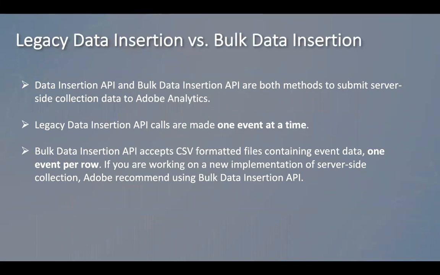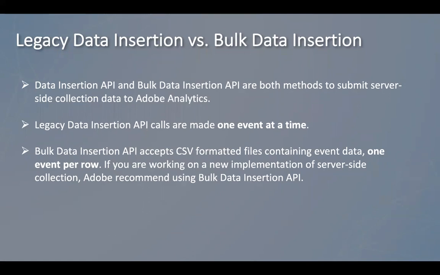A lot of you may have used the legacy data insertion, part of the 1.4 API suite from Adobe, and this essentially replaces that. But the legacy data insertion API and the bulk data insertion API are both methods to submit server-side collection data to Adobe Analytics.